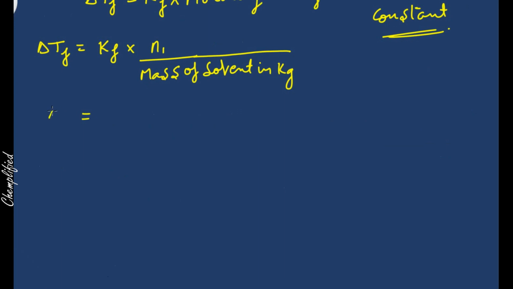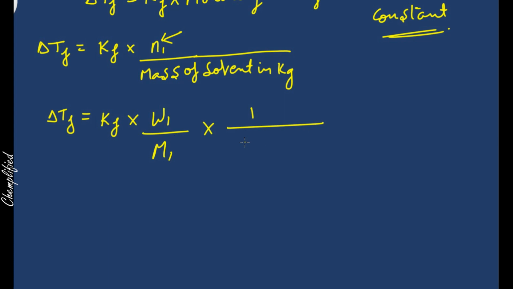Delta Tf is equal to Kf multiplied by number of moles. Number of moles is mass upon molar mass, so we write W1 for weight of solute: Kf multiplied by mass of solute upon molar mass of solute, multiplied by 1 upon mass of solvent in kg.